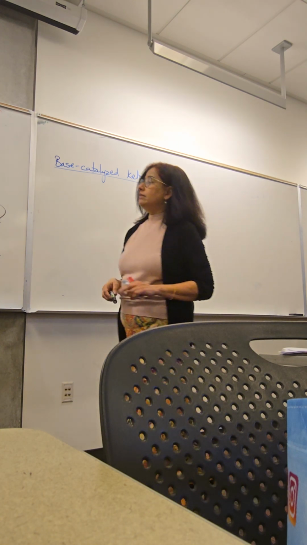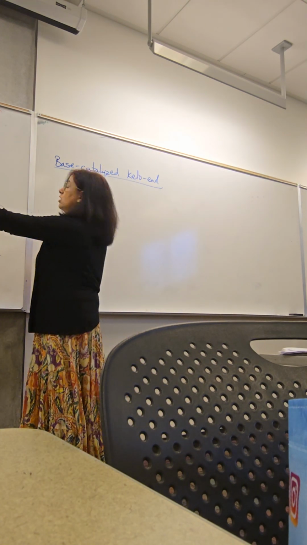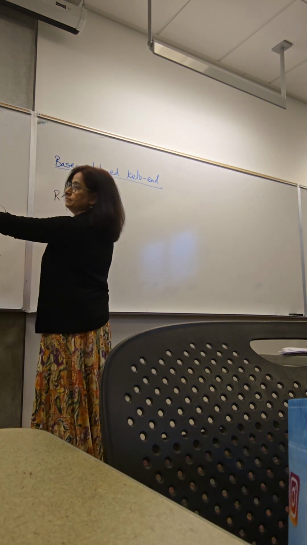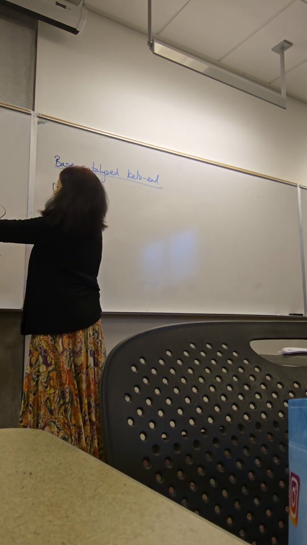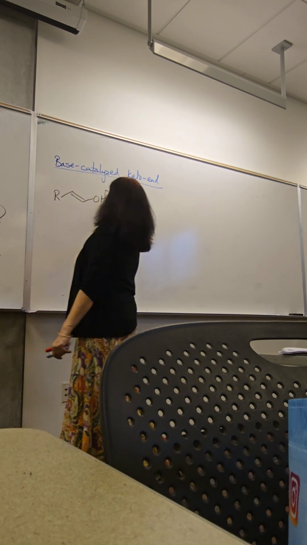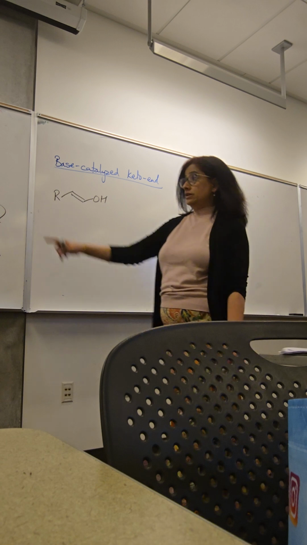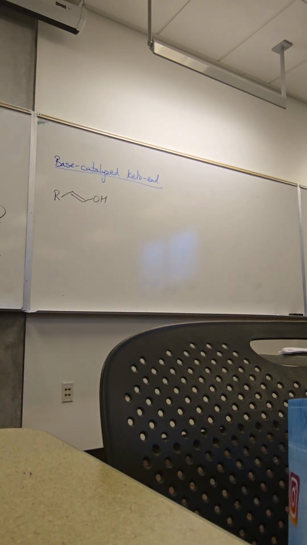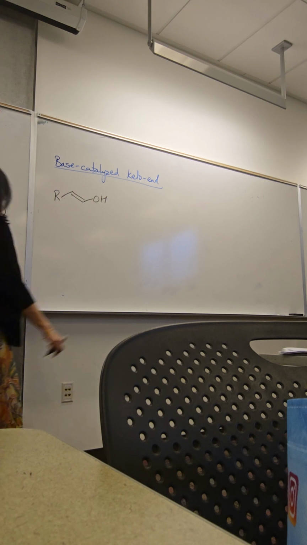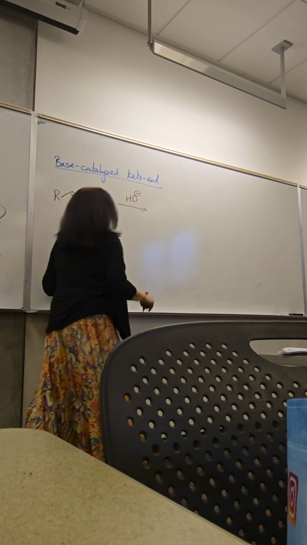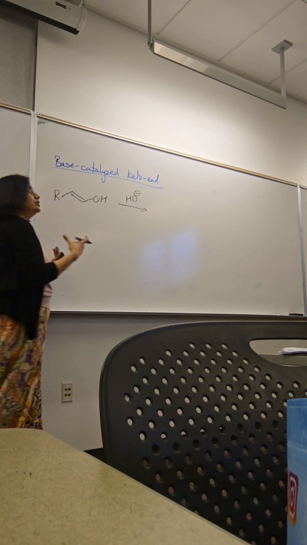Okay, starting with the anti-Markovnikov enol, which is under basic conditions, so that's why I'm using that as the example. What does a base do? It takes a proton, which is the most acidic hydrogen in the system.